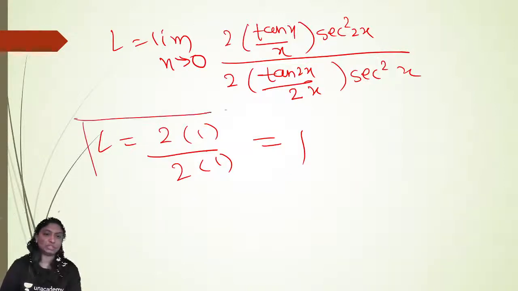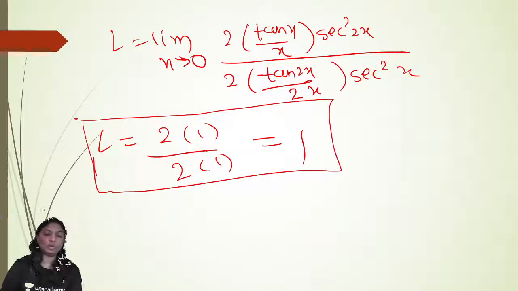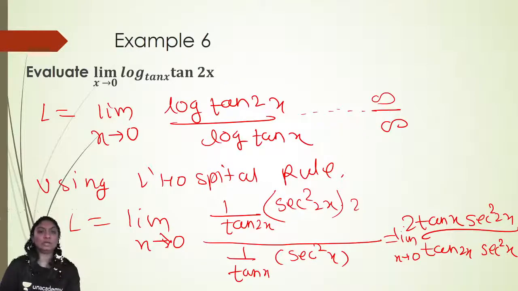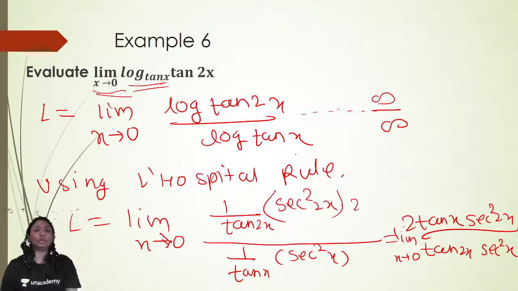The function is different. How to evaluate this? See, limit as x tends to 0, log of tan 2x to the base tan x, we can evaluate by using L'Hospital rule. So we are getting here infinity upon infinity form. So try to convert it into 1 upon g of x upon 1 upon f of x. If it is infinity upon infinity, then also we can apply L'Hospital rule directly.